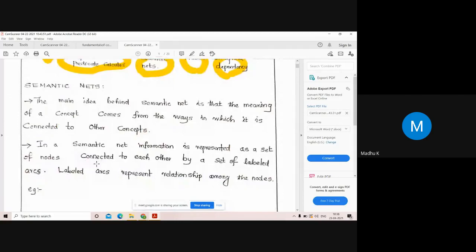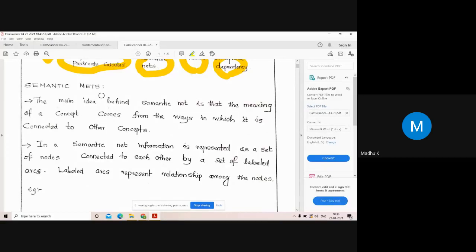The main idea behind the semantic net is that the meaning of a concept comes from the ways in which it is connected to other concepts. Based on this, the semantic net is created. Okay. So this is the base idea behind the semantic net.